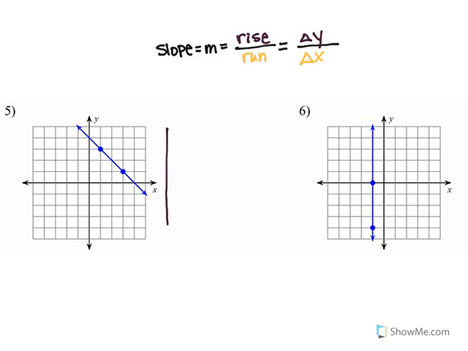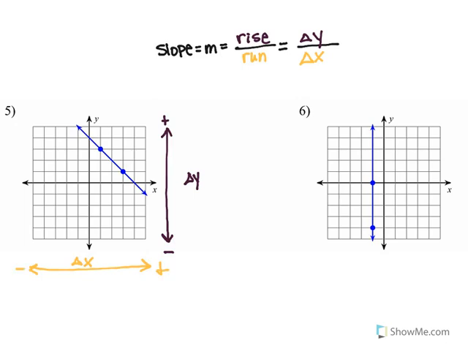So let's draw this in on our graph first. We have change in y. Up is positive, down is negative. Change in x. Right is positive, left is negative.